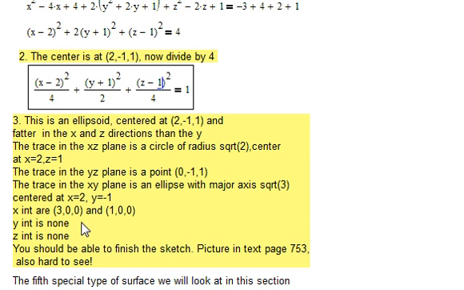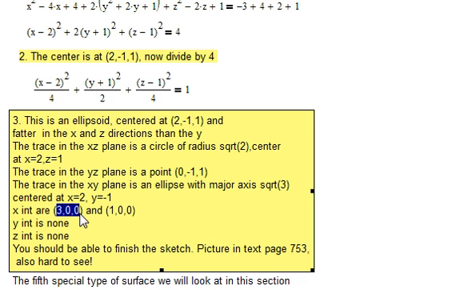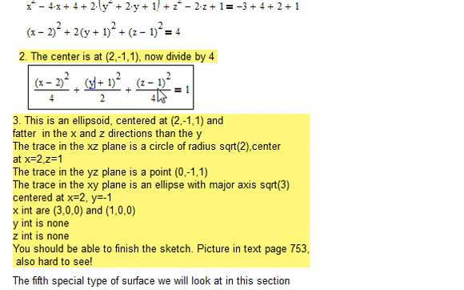So the x-intercepts are 3, 0, 0, and 1, 0, 0. How would I find the x-intercepts? I'd make y and z both 0, and that means this is a half, and this is a 1/4. So if we add these together, we get 3/4. Subtracting 3/4 from that 1, we get 1/4.